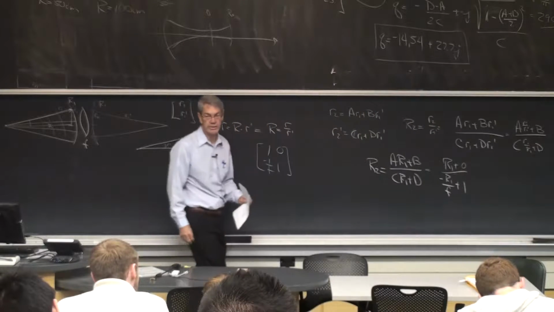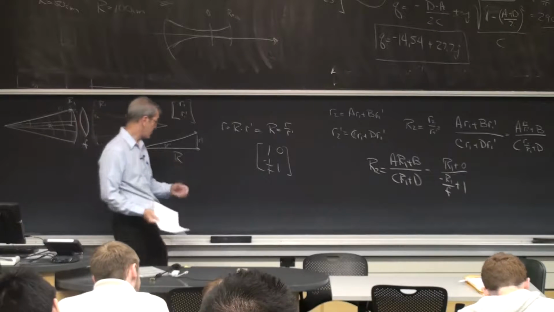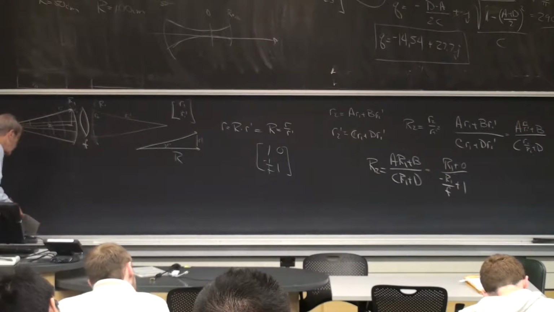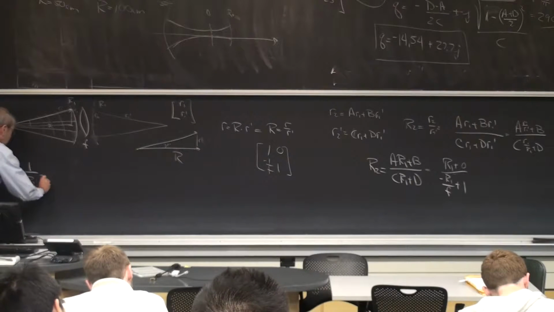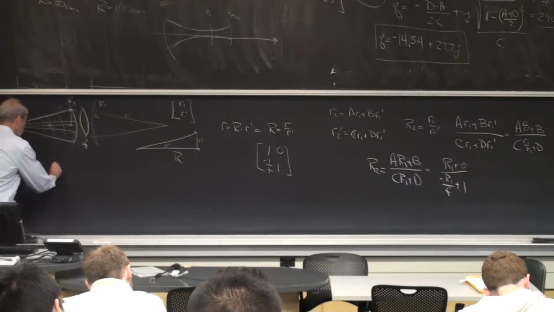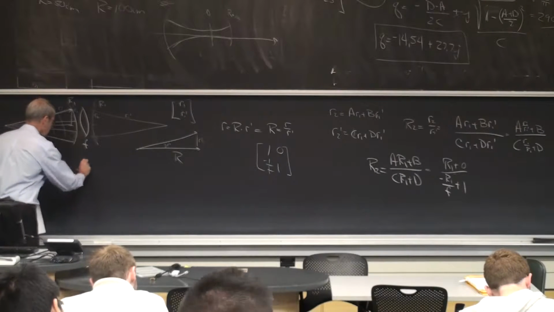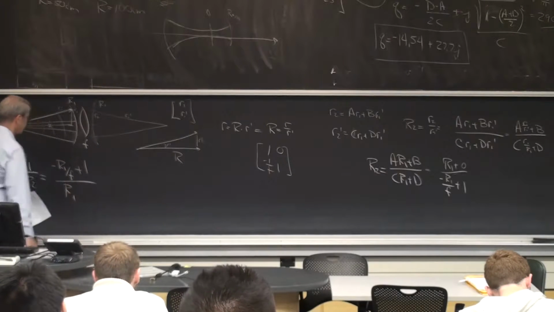Well, that's really enlightening. Doesn't help me much. If I invert it, it gets a little cleaner. So if I take the inverse of that, I'm going to get 1 over R2 equals minus R1 over F plus 1 divided by R1.